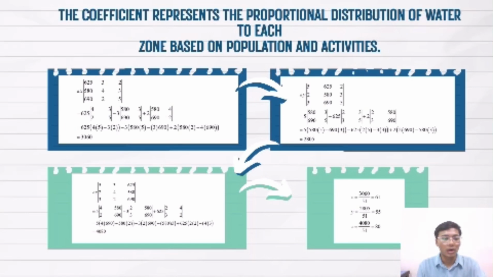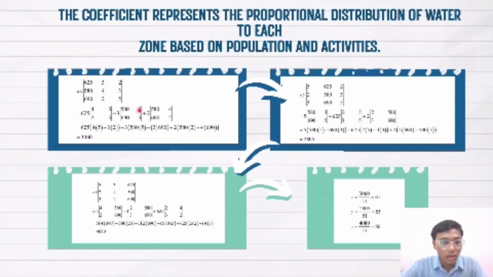Okay, first, we need to cover the first column and the first row, and we will get this number 4, 3, 2, and 5, and we put inside this matrix. And then we need to minus with the 3. We need to choose the first row and the second column number, so the number is 3.